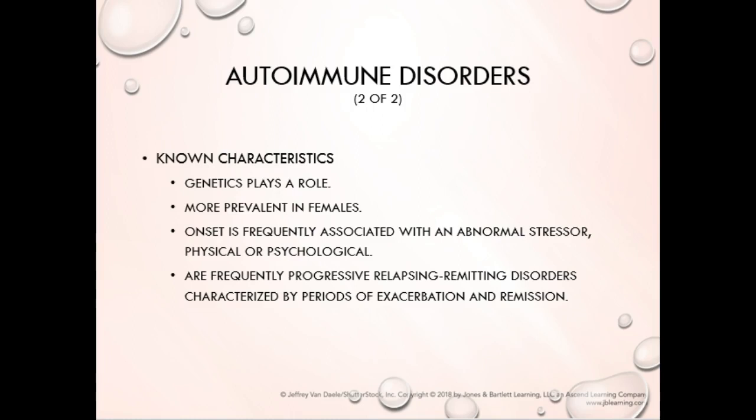Most prevalent in females. I wonder if there's a correlation between females and stress there. Interesting thought. So abnormal stressors usually trigger the onset and also the exacerbations. So it'll remit and relapse. You'll have exacerbations and then you'll undergo remissions. It could be with stress. Sometimes it's not.